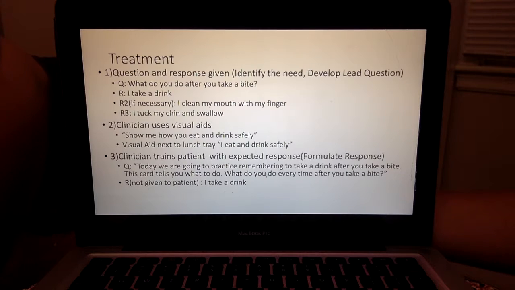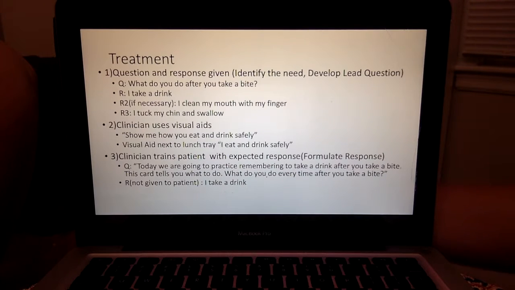So for treatment, we're going to talk about the steps in this study and what you can use during treatment with spatial retrieval in dementia patients. First, the clinician needs to give the question and the response to the patient.